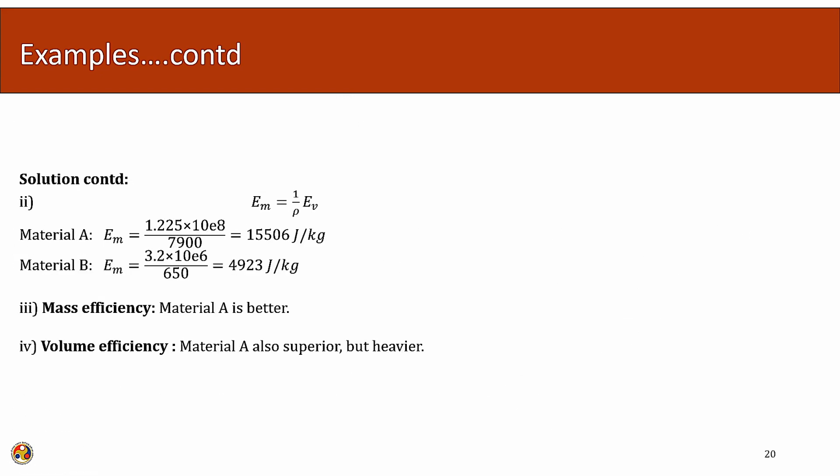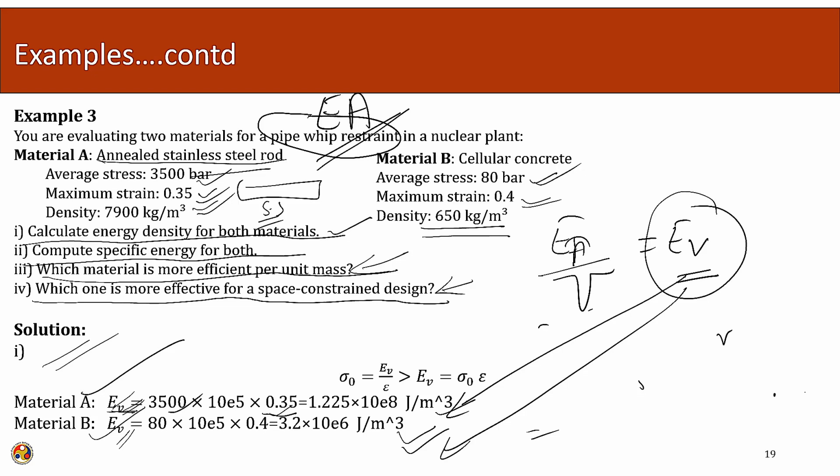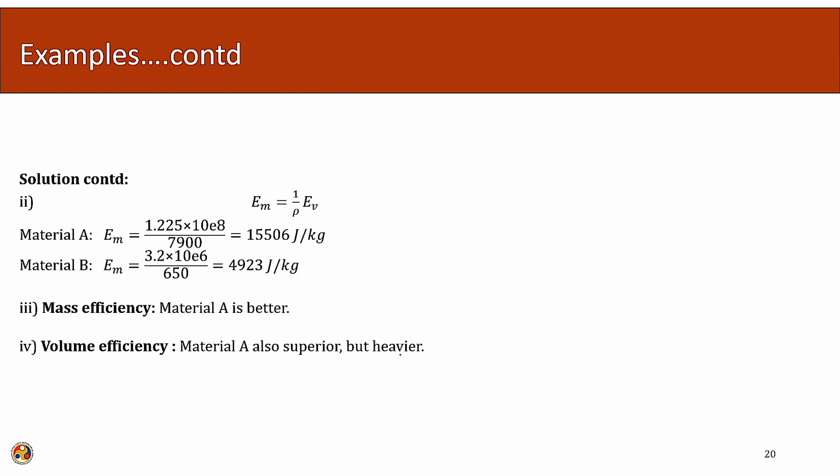Moving ahead, in the second part we are asked to compute the specific energy of both. In the first case, the energy density was asked, that is the total energy divided by unit volume. In the second case, the specific energy is asked, that is the total energy divided by unit mass. The specific energy is given by this expression, and we have already calculated the volumetric energy, so we use it to calculate the specific energy.